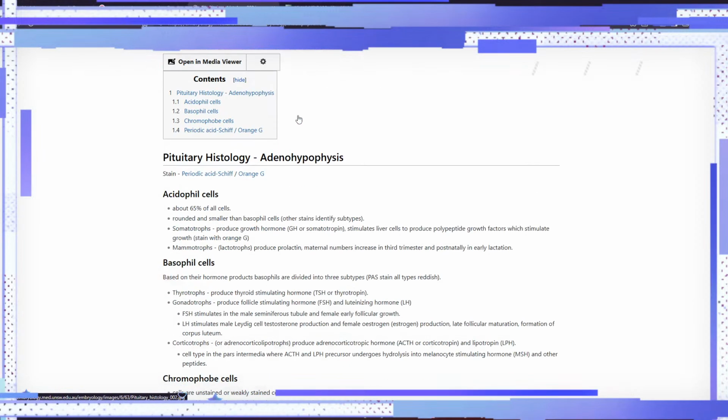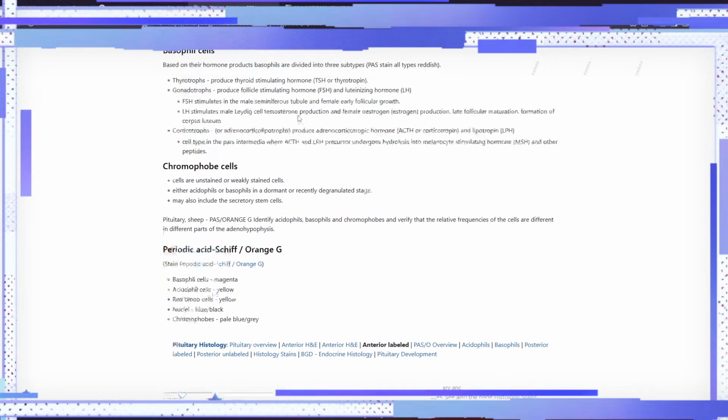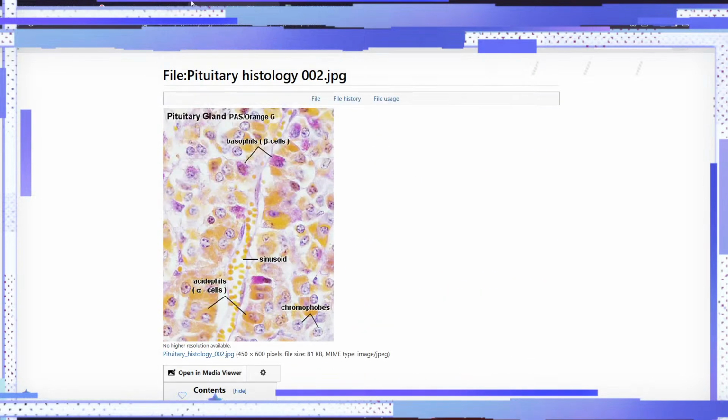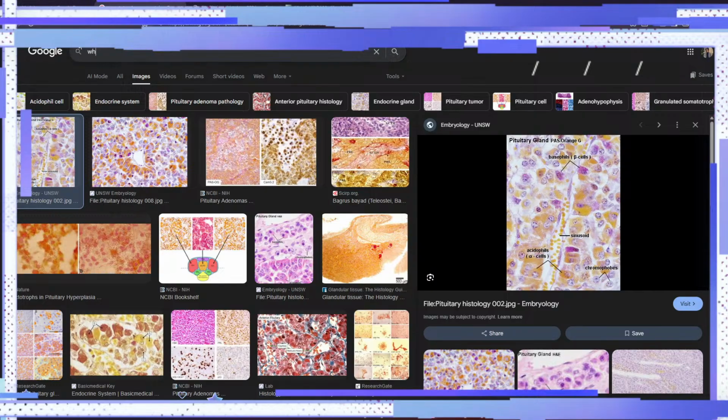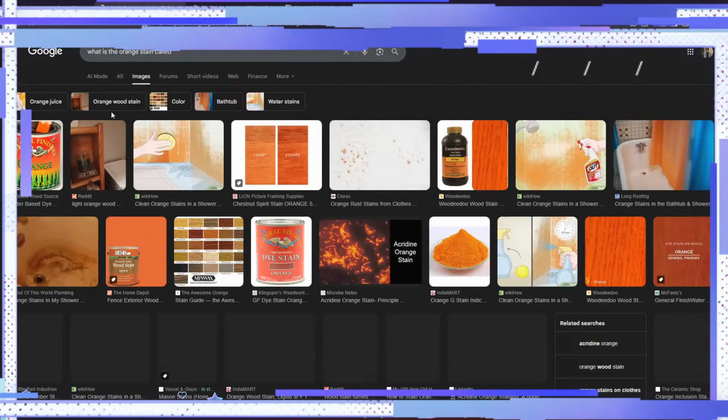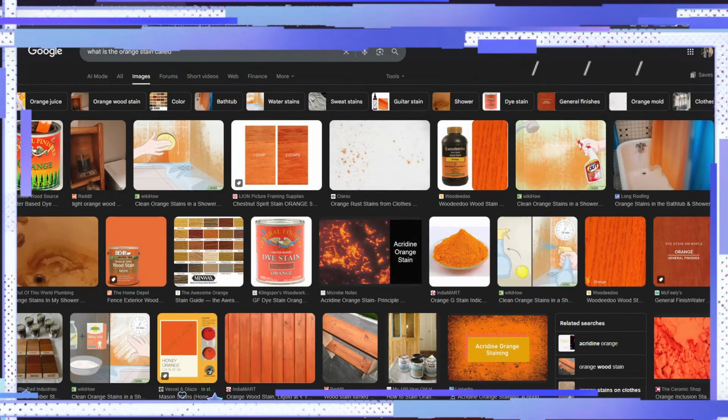No idea. Look that up. There's no detail. Where's the detail? What is the orange stain called? Okay, that does not help.